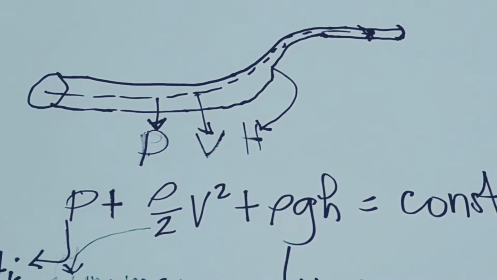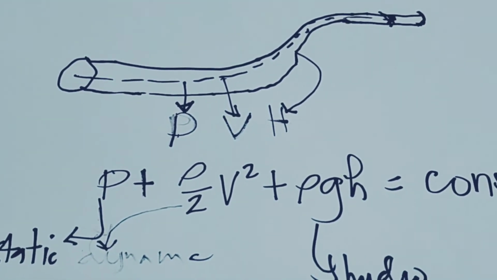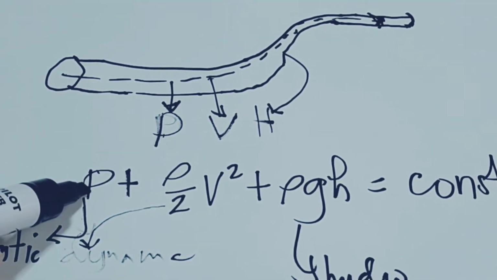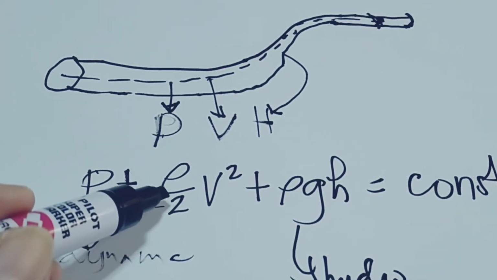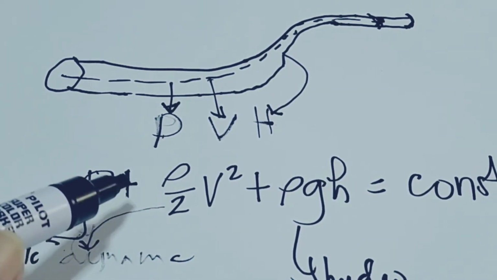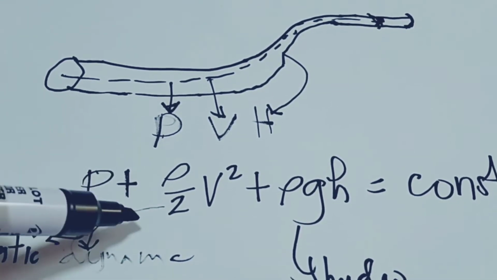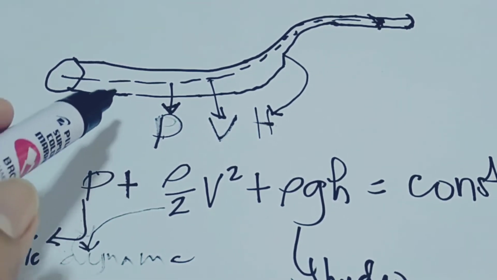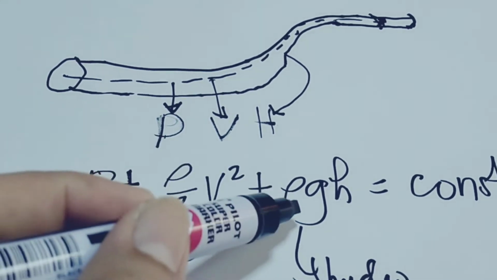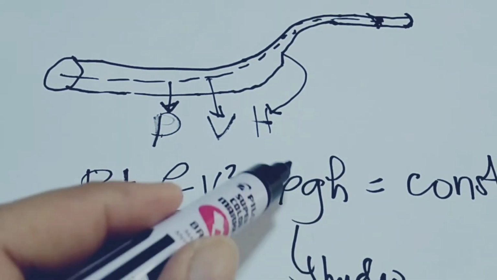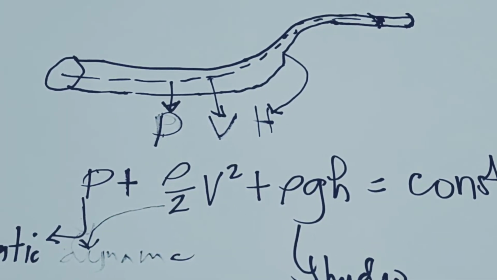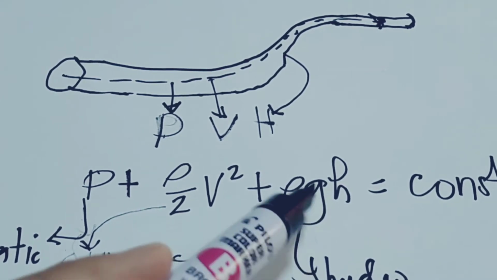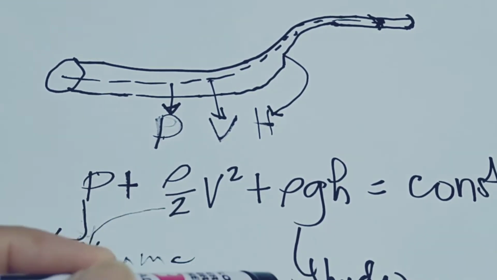The first one is the static pressure. And this is a dynamic pressure, which represents the kinetic energy in the system, plus this pressure is the hydrostatic, which represents the potential energy.